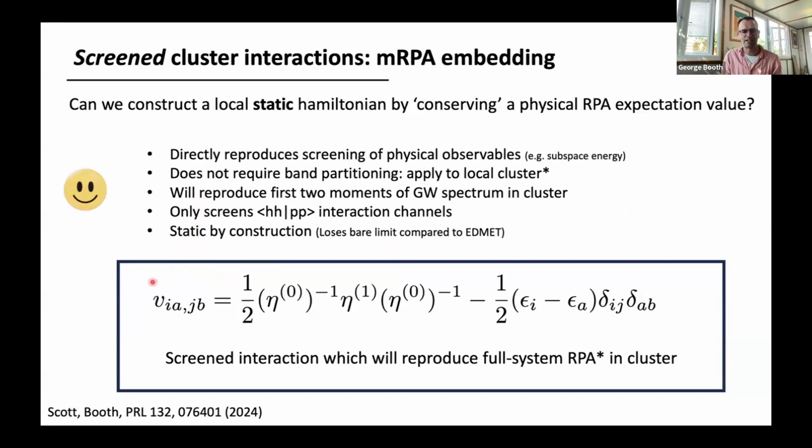If we take this as our screened interaction and do further correlated calculations, it directly reproduces the screening of physical observables. This isn't about finding some screened Coulomb interaction, which is ultimately a fictitious object. This is about directly reproducing a physical observable. Indeed, it will reproduce things like the subspace energy at the level of RPA, which can be computed directly from the instantaneous part of the density response.